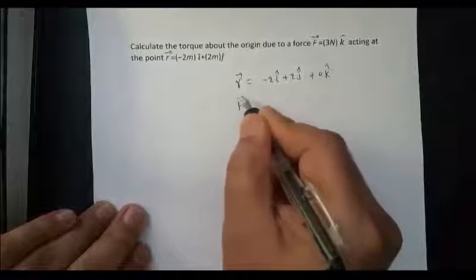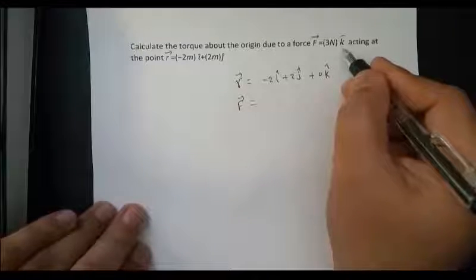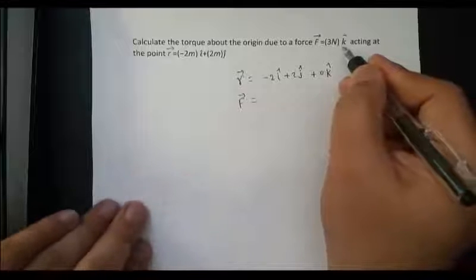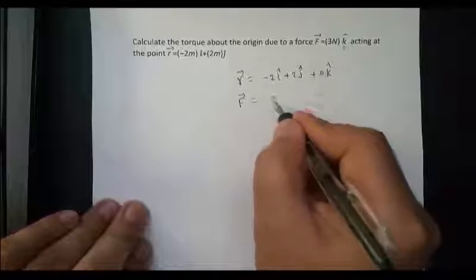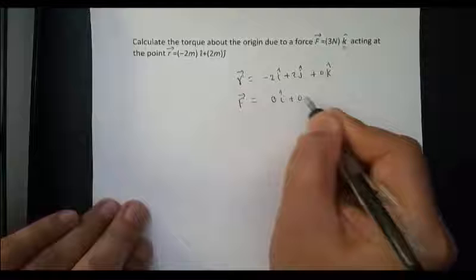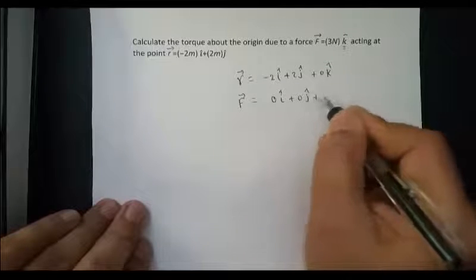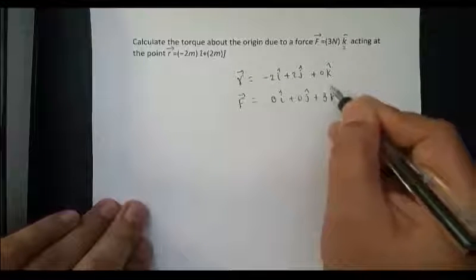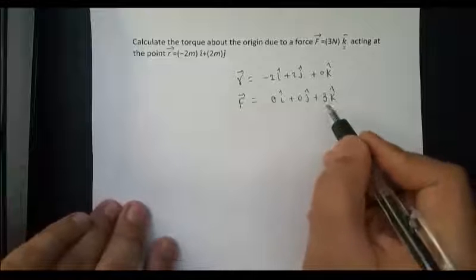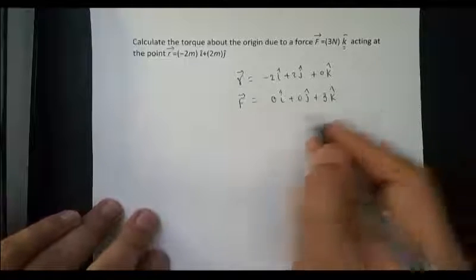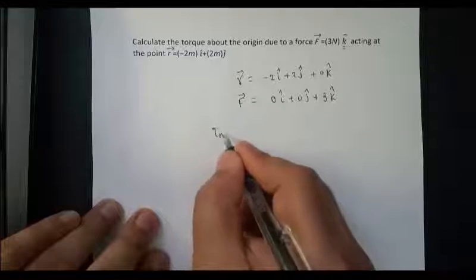Similarly, force is applied only along the z direction, because there's only k hat: 0i plus 0j plus 3 newtons in the z direction. So how do you find the net torque?